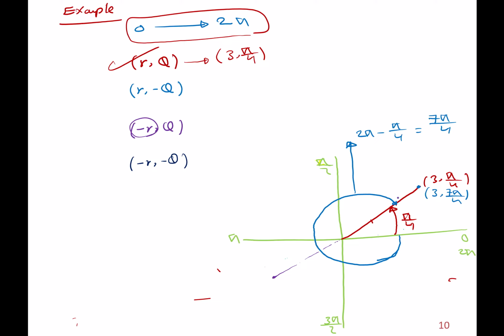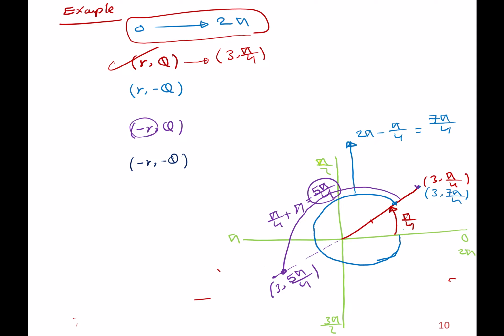From here, pi over 4, plus pi, which is 5 pi over 4. Now this point is 3 and 5 pi over 4, but we need to come to the same point, which is here.